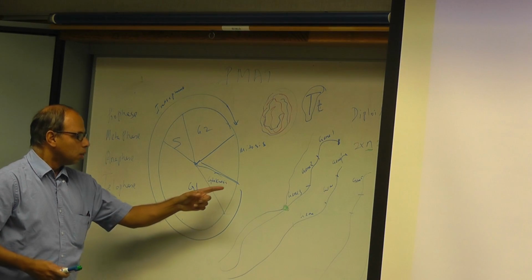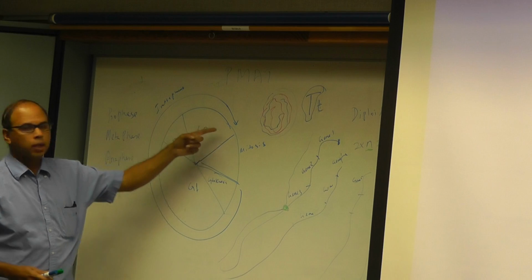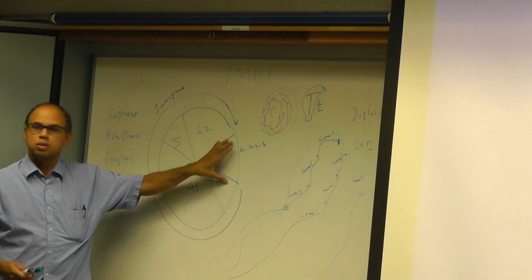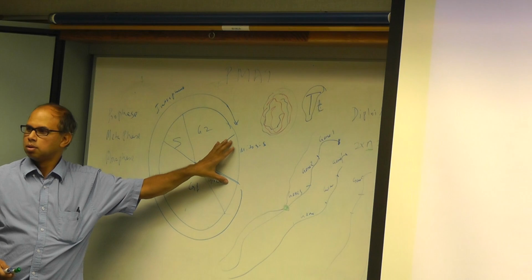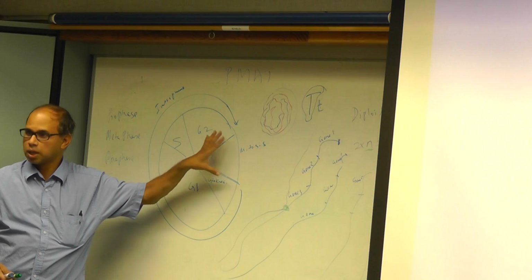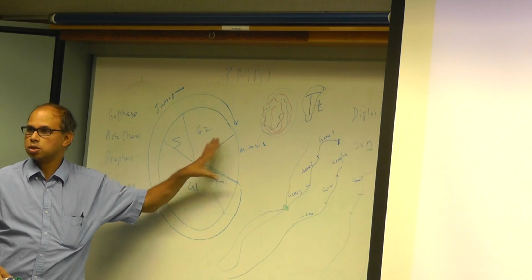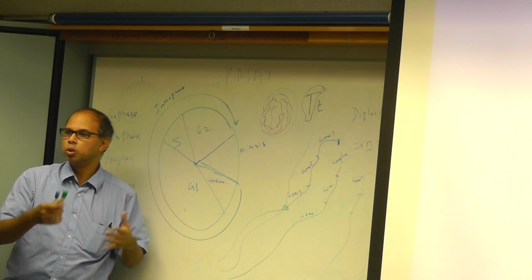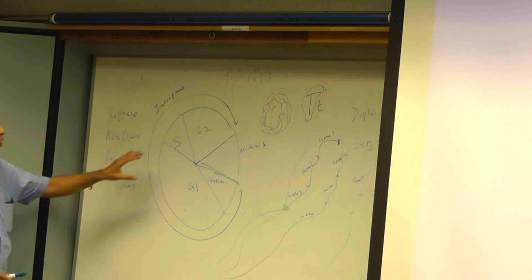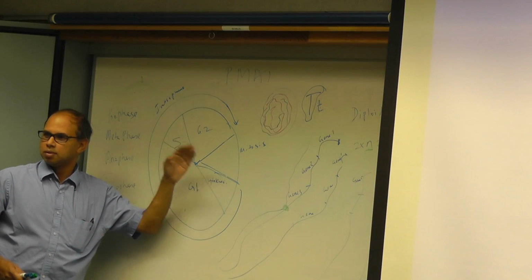And this whole thing happens for probably 20 hours, and then this finishes in 1 hour. So this is a very small percentage of time that the cell spends actually doing the duplication. Most of the time is spent doing the growth. Okay, but some of the stuff has already happened.